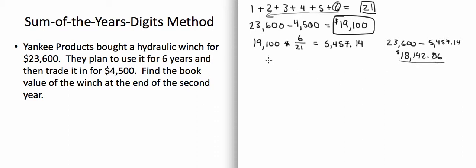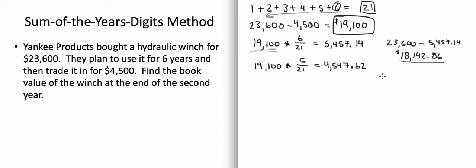So now we'll continue, this number stays the same. So now we have 19,100. We're going to multiply that by, this time, 5 over 21, which gives us an answer of 4,547.62.